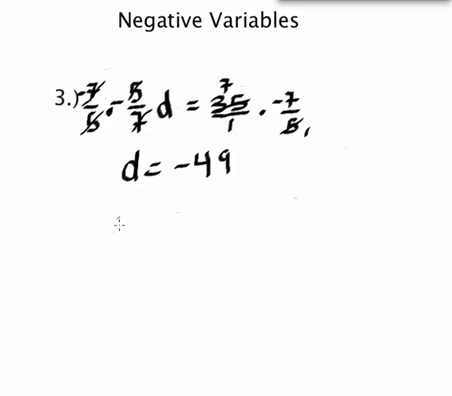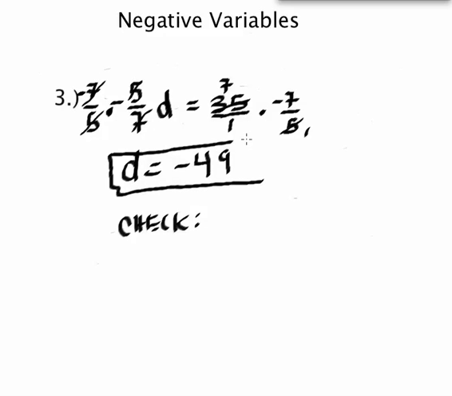So here's our check down here. And we're going to get, plugging our d, which I should box again, into the original equation, negative 5 over 7 times negative 49 equals positive 35.